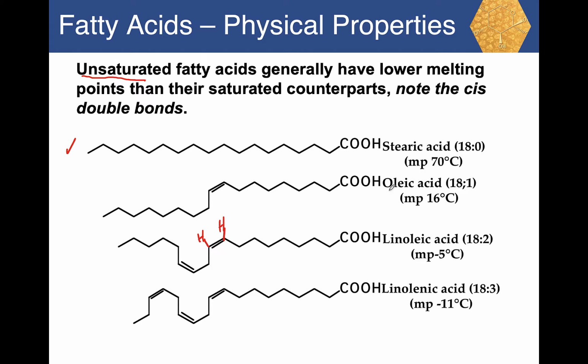Let's see if we can rationalize the melting points here. Notice for the saturated fatty acid, the melting point is 70 degrees for this molecule. Pretty high. But if we look at the unsaturated, it's 16, much lower, -5 for this one that has two double bonds, and -11 for this one that has three double bonds.